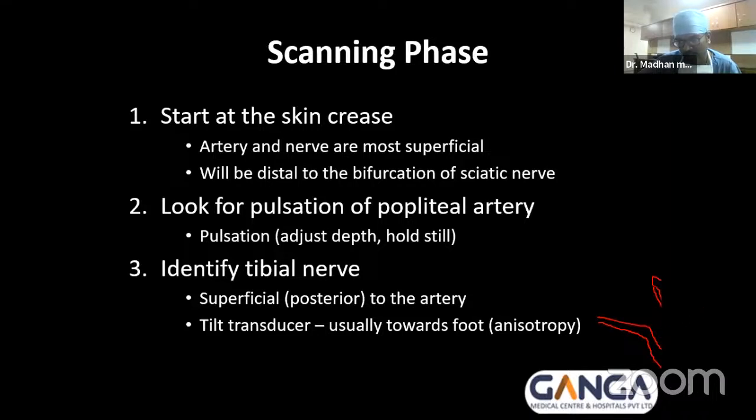So to avoid this, you have to tilt the probe towards the foot, so that your ultrasound beam hits the nerve and reflects back. This minimizes the anisotropy. Anisotropy is nothing but the alteration in the echogenicity of a structure in relation to the angle of inclination of the probe.